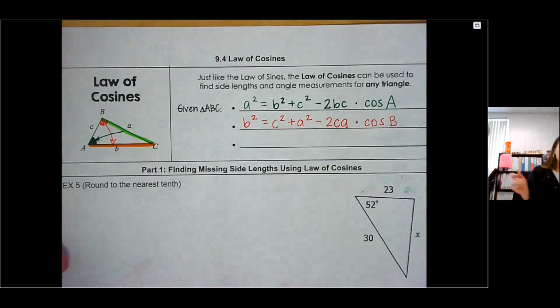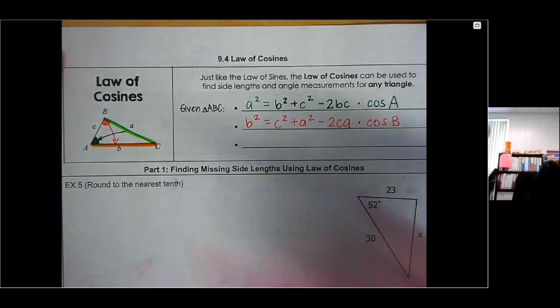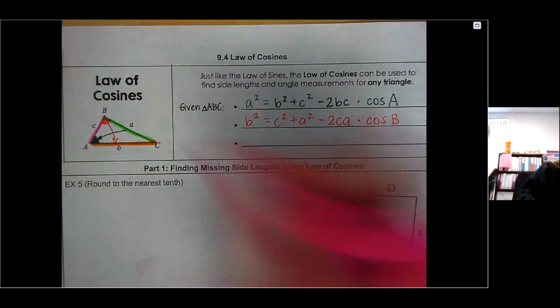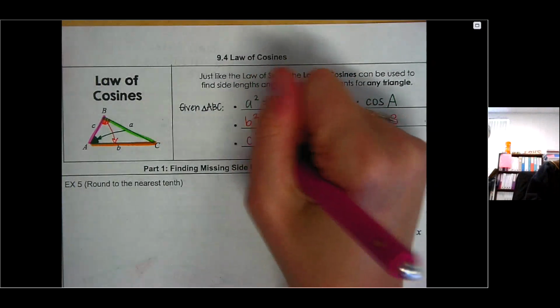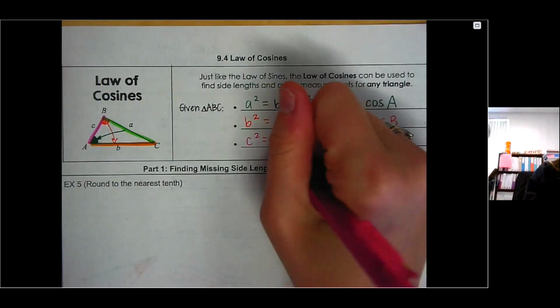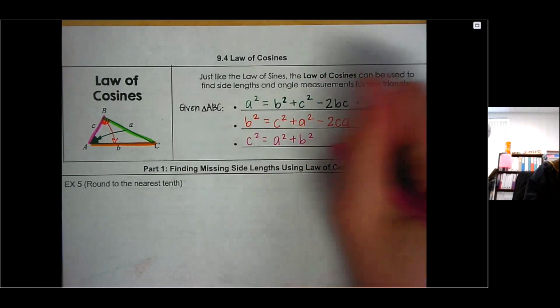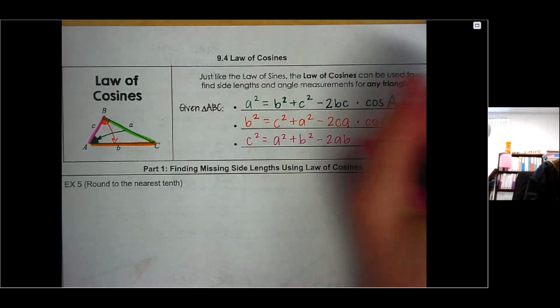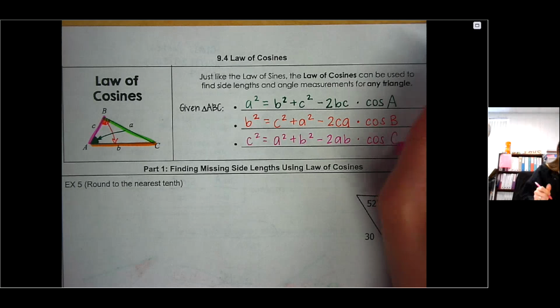I'm sure you can probably figure out the last one, but if I were to try to figure out side length C, my equation is C squared equals A squared plus B squared minus 2AB times the cosine of C.